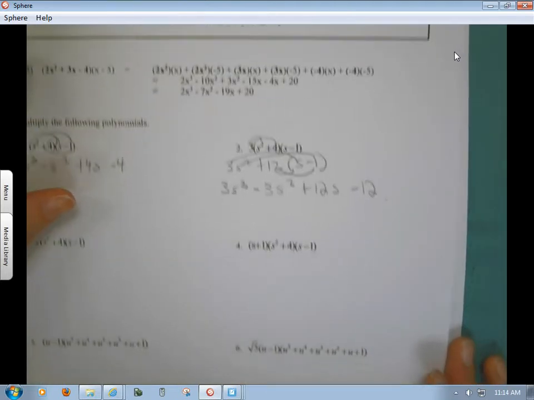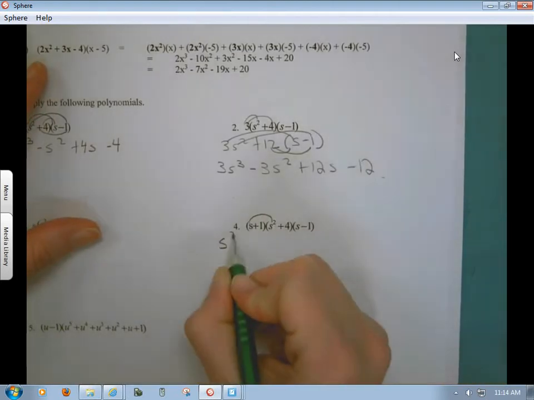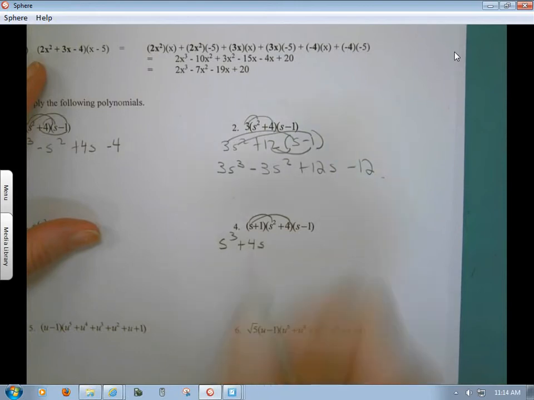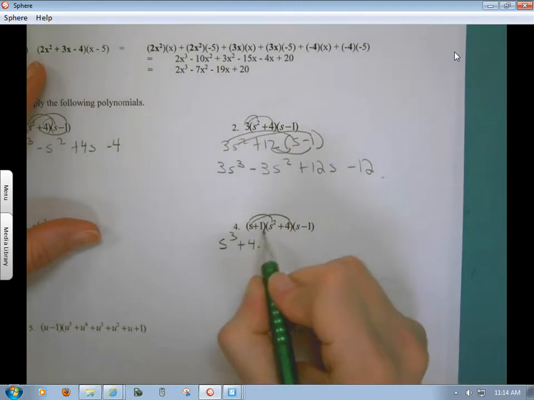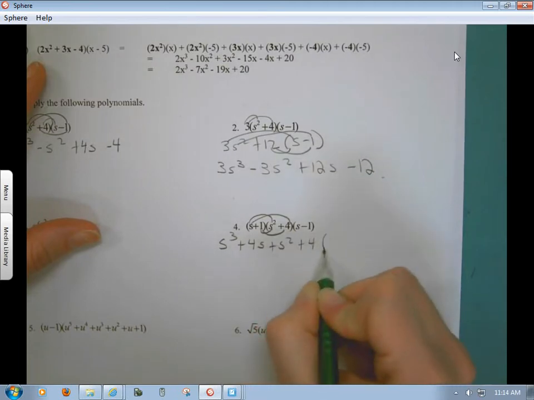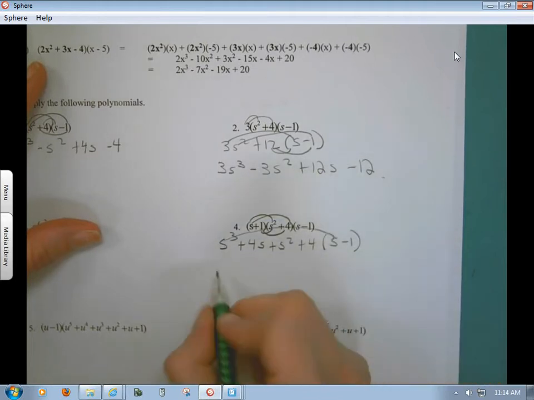Let's move down to number 4. Okay, so now this times this.